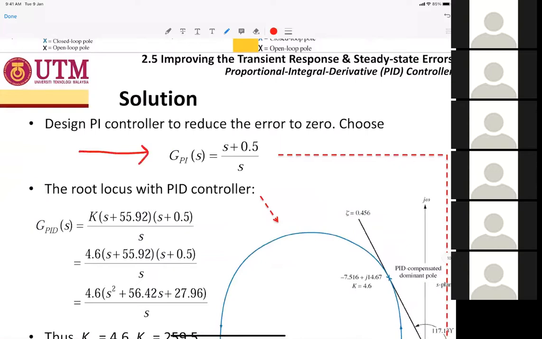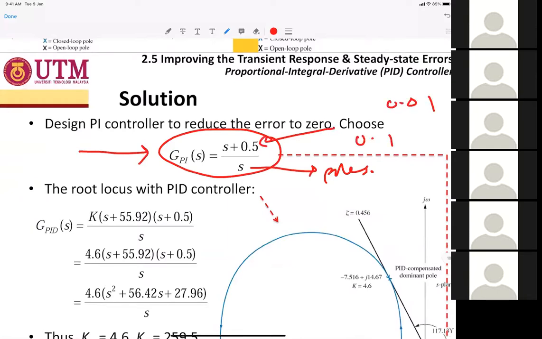To reduce the steady state error, you just choose a value near to the origin pole, at the origin, and 0.5. You can choose 0.5 or you can choose 0.1 or 0.01, no problem.